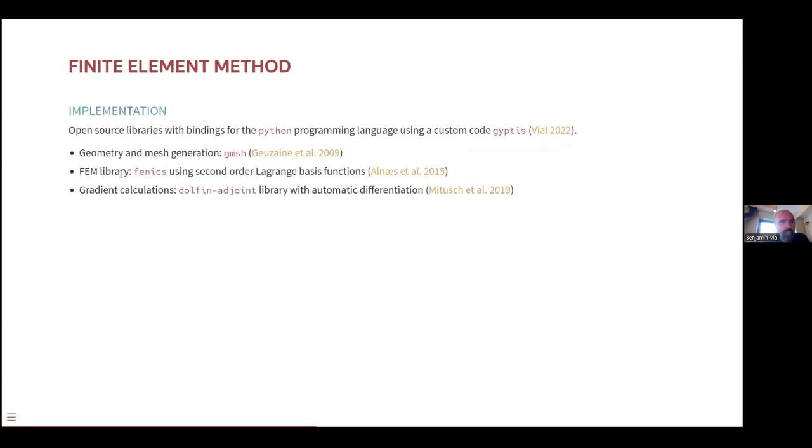The finite element library is another popular library called FEniCS. And in our case, we use the second order Lagrange basis functions for the elements. The gradient calculation that is done automatically is done through dolfin-adjoint, which is an extension to FEniCS to be able to derive automatically the adjoint equation that I talked about just before.